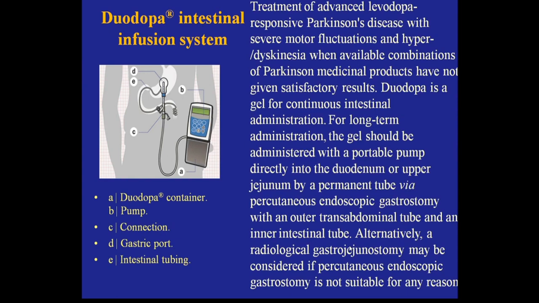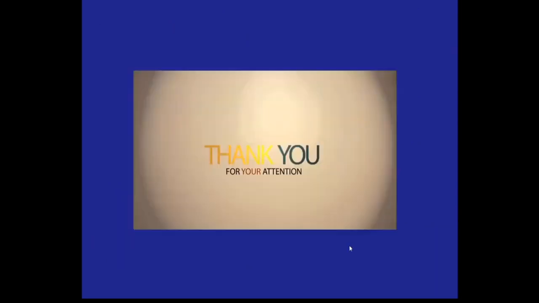For long-term administration, the gel should be administered with a portable pump directly into the duodenum or upper jejunum by a permanent tube via percutaneous endoscopic gastrostomy with an outer transabdominal tube and an inner intestinal tube. Alternatively, radiological gastrojejunostomy may be considered if percutaneous endoscopic gastrostomy is not suitable for any reasons.